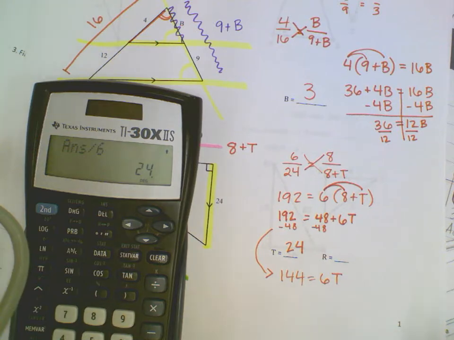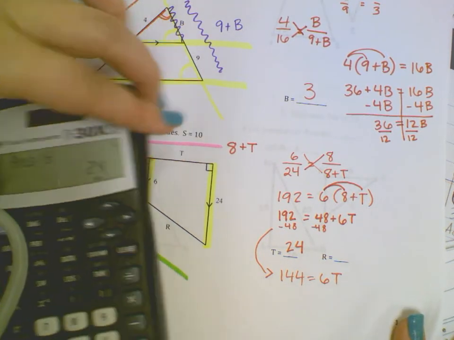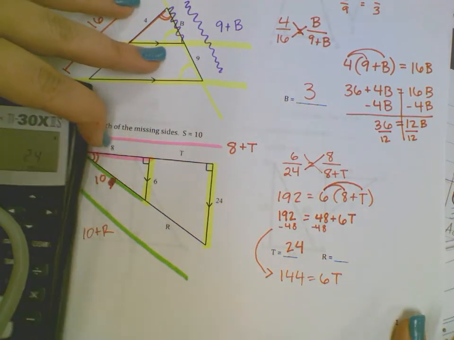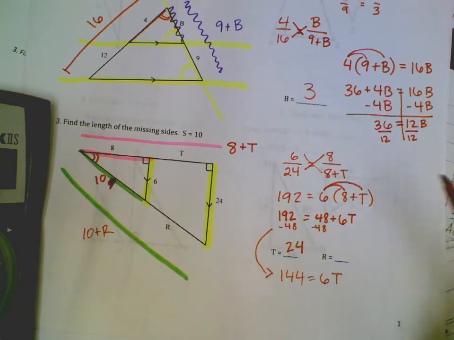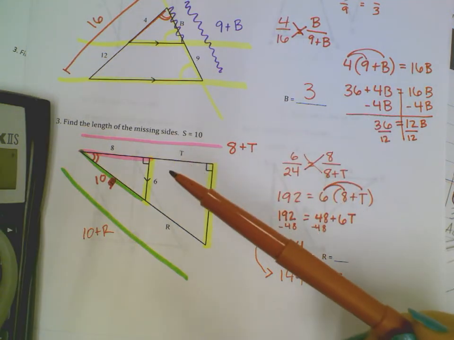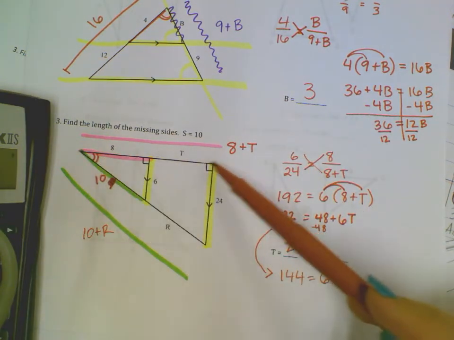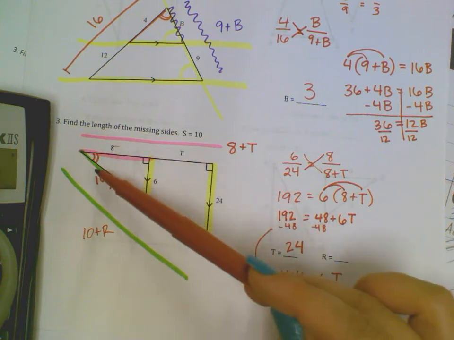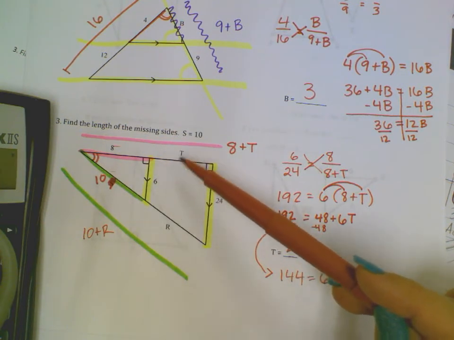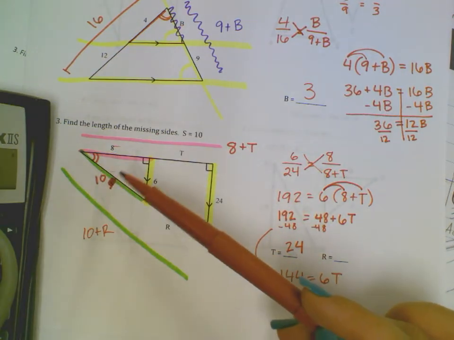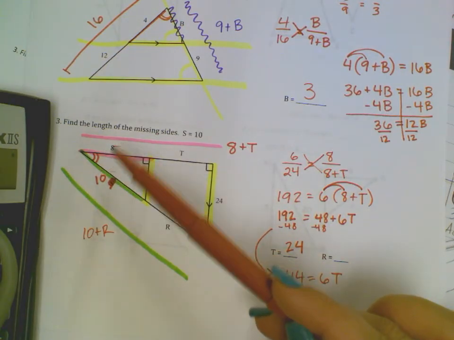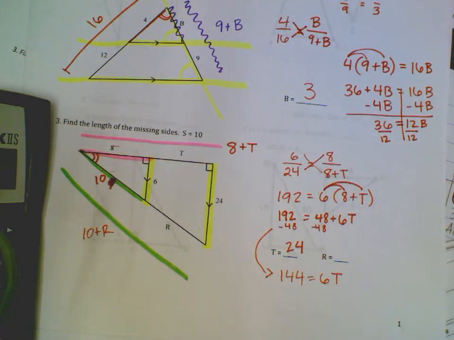If you had gotten 32, then you had set this whole thing as your variable T instead of just this little spot. So if you had solved this whole thing to be 32, to solve for T, you need to then subtract 8, which will give you 24.